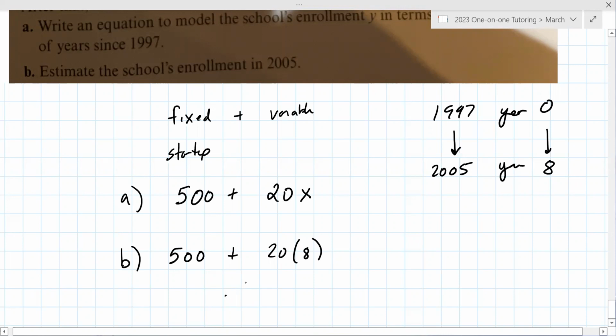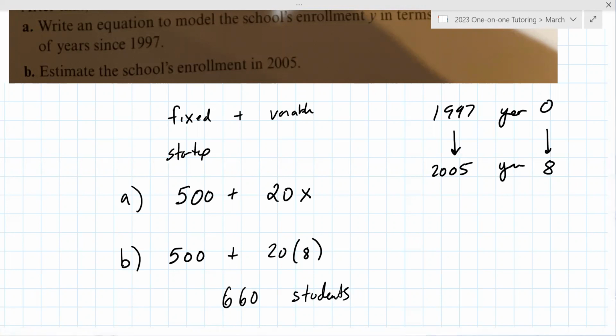You're going to have 20 times 8 and add it to 500. 160. So 660 students. Yes. Okay, and that's it for B. That's all you need for B.